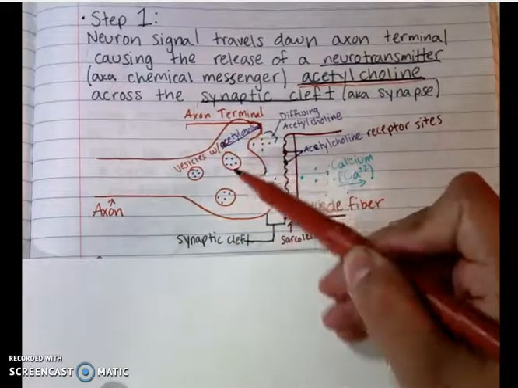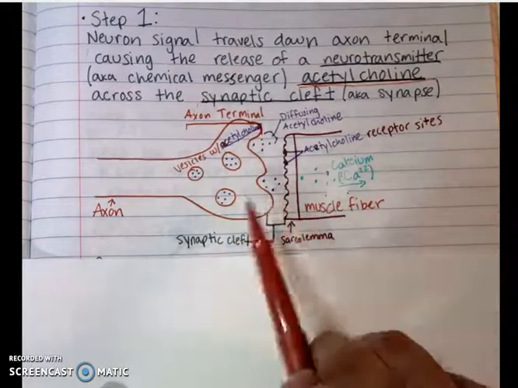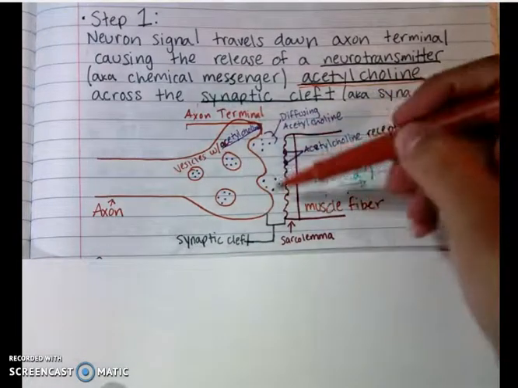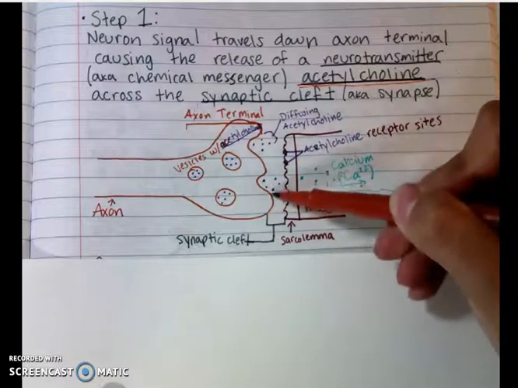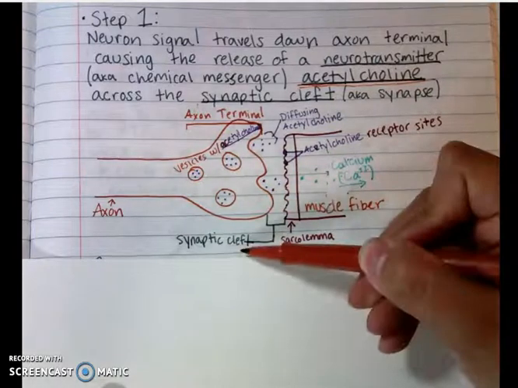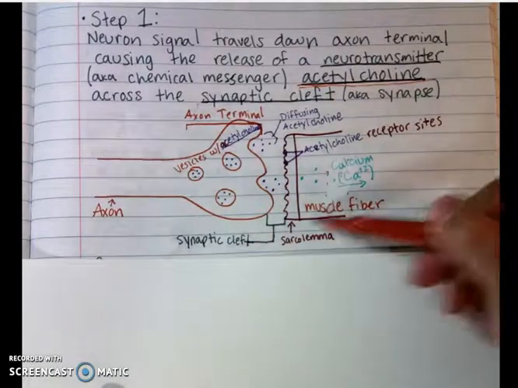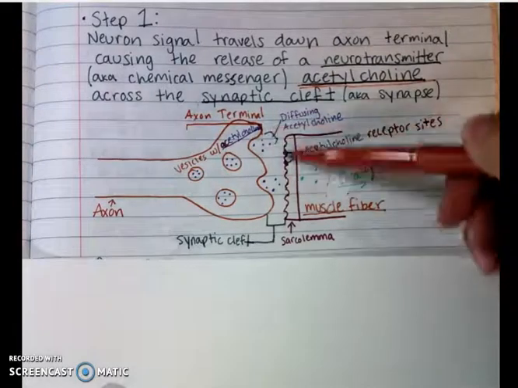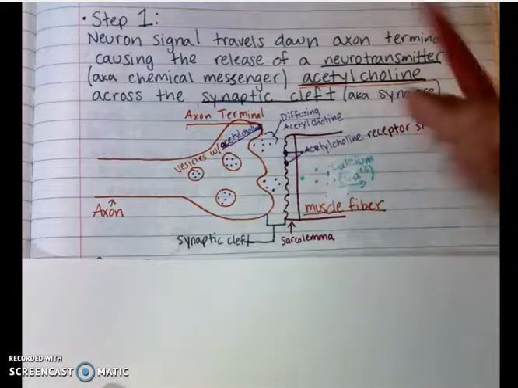That neurotransmitter is going to diffuse out of this axon terminal, out of this nerve, and cross this space, which is known as your synaptic cleft, in order to get to the muscle fiber.